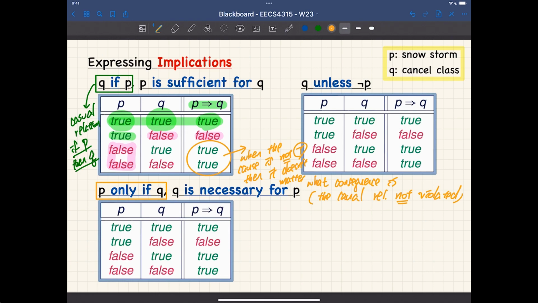This one is to say, if I know that P is already true, so you can see these are the two cases. If P is already true, then the only way for P implies Q to be true is when Q is also true. Otherwise, if Q is actually not true, then the entire thing will be false.